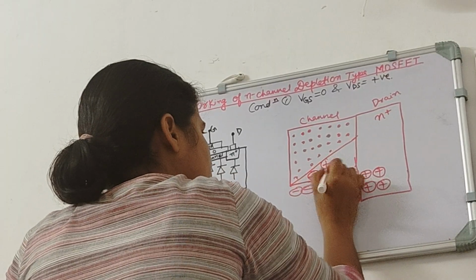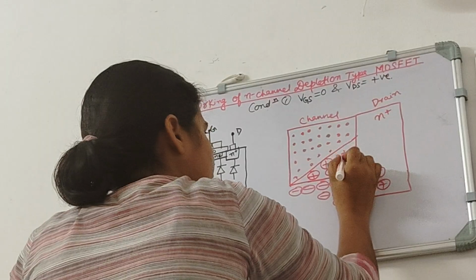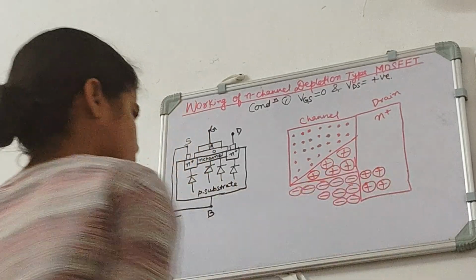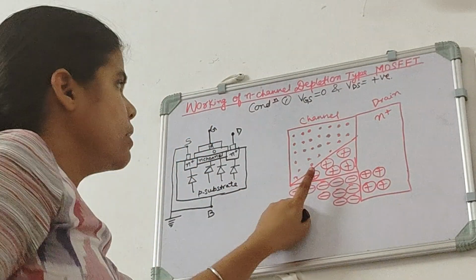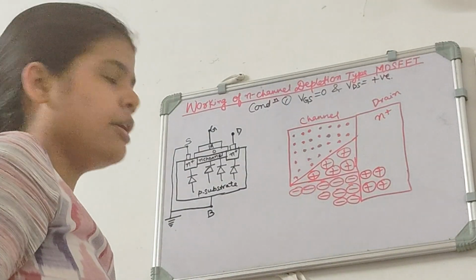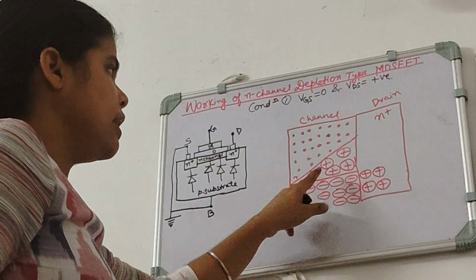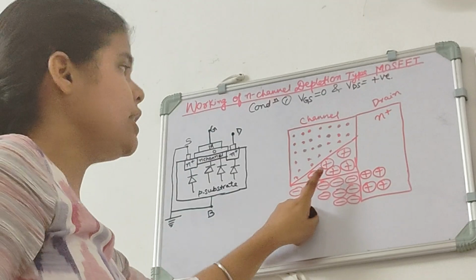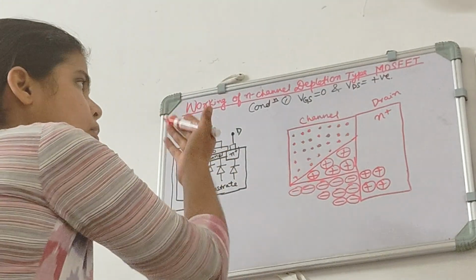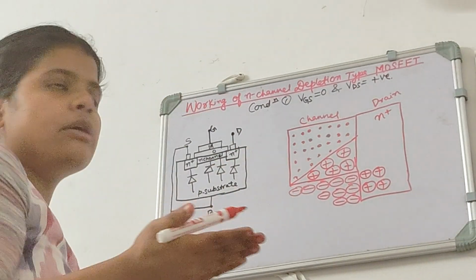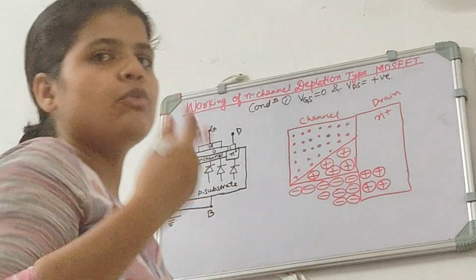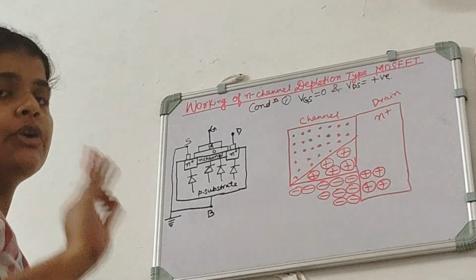Here positive ion, positive ion, positive ion, positive ion, and positive ion. Now these positive ions are here because the electrons which were paired with these positive ions are sucked towards the drain, and they moved out of the drain.